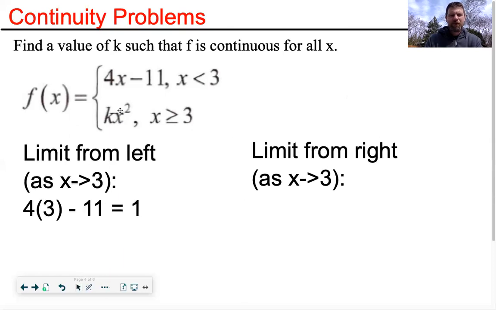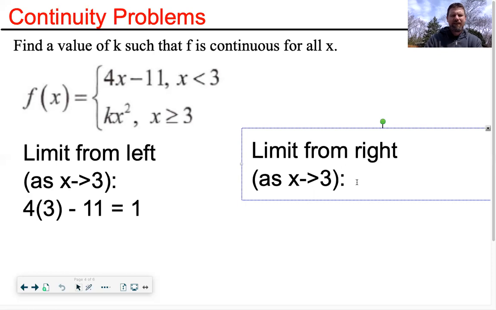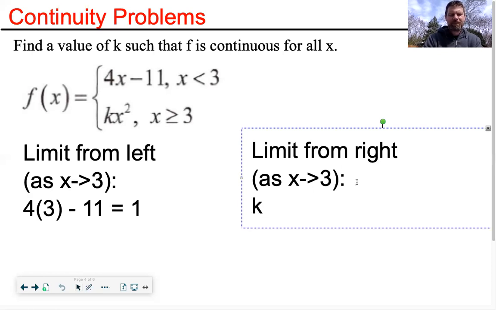All right, from the right, I would use this, plug a 3 into the x, right? Because I'm saying as x goes towards 3, I can use substitution. I plug the 3 into there, and I'll end up with k times 3 squared, which is the same thing as 9k.